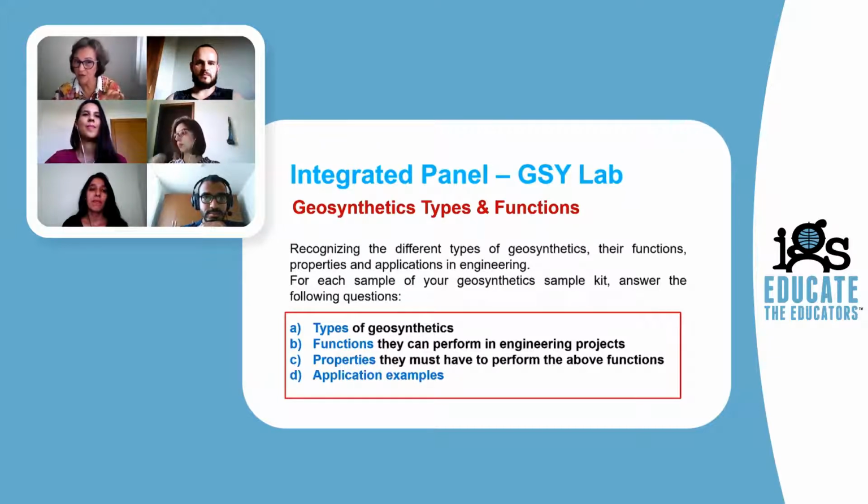For each sample of your geosynthetic sample kit, answer the following questions: types of geosynthetics, function, properties, and example of application in engineering works. Don't worry, because I will let you know when this time is up, okay?